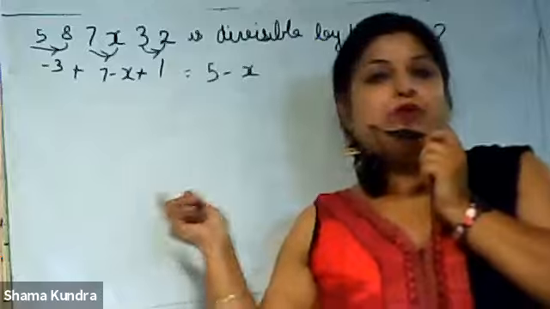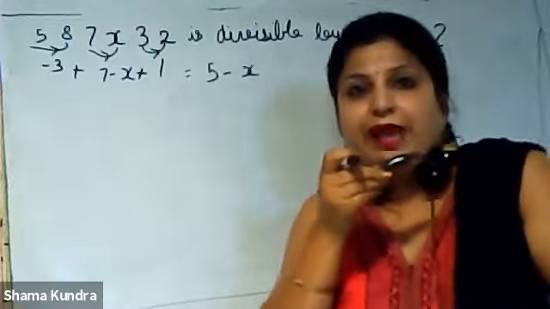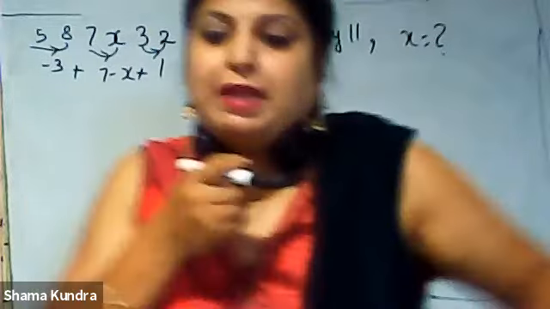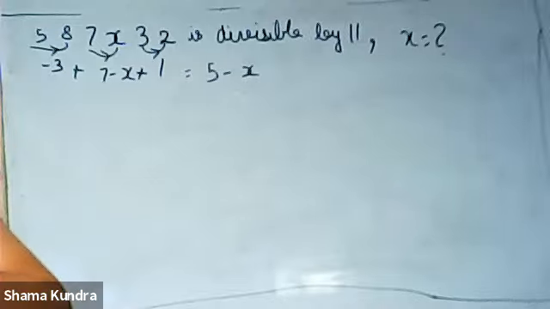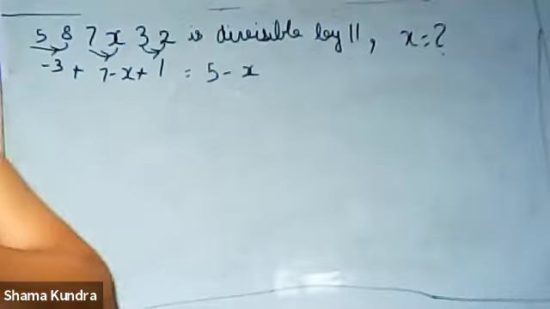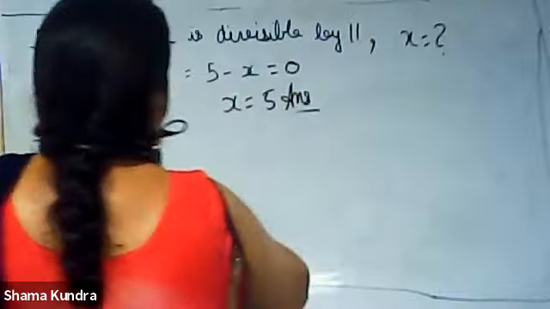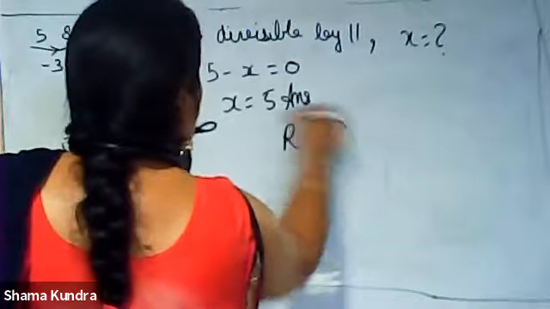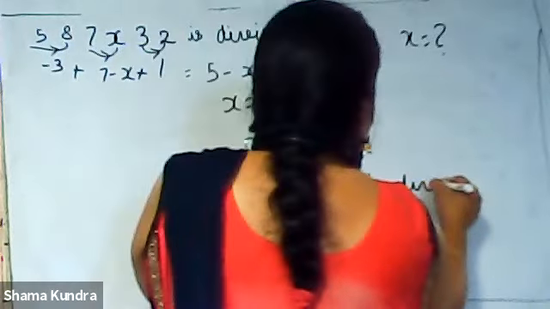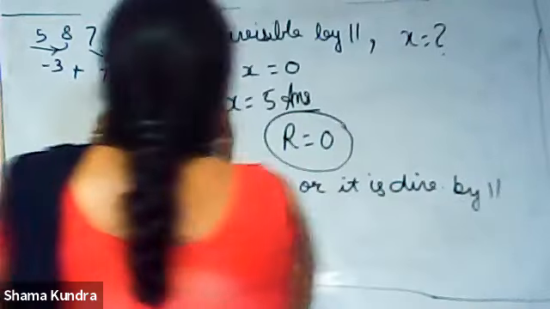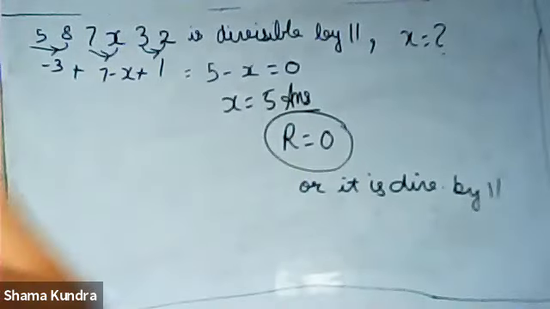Here we have to apply the rule for divisibility of 11, and we know a number is divisible by 11 if it is 0 or a multiple of 11 according to the rule. Now if it is 0, then value of x is 5.